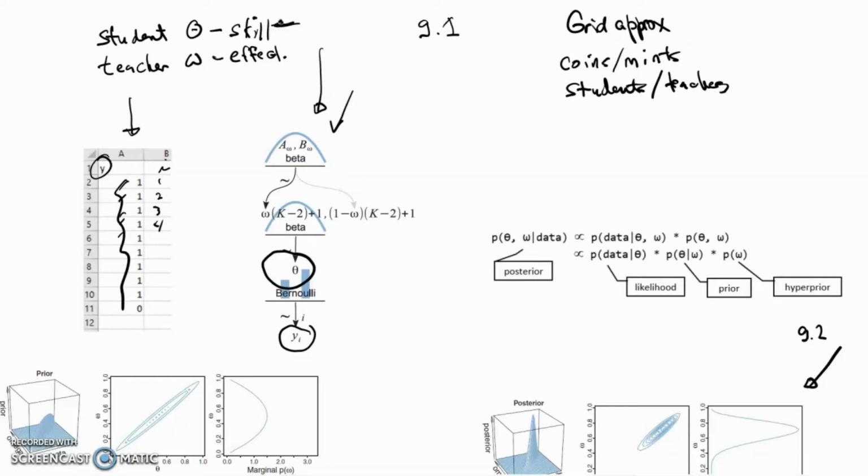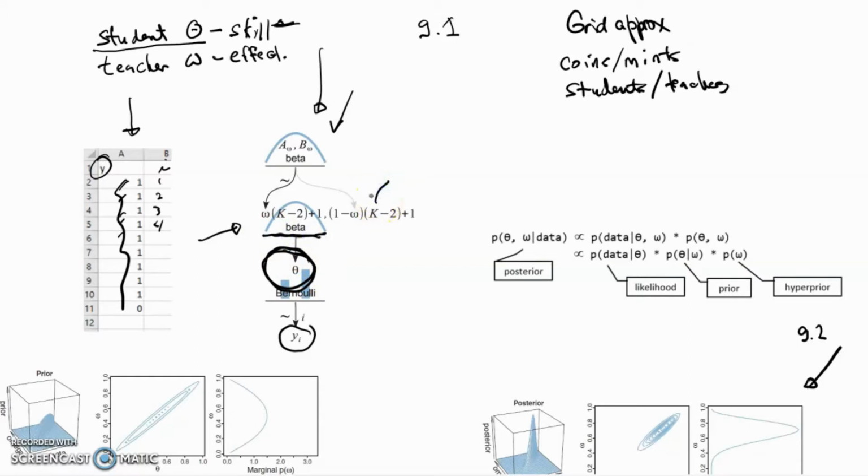But this is a hierarchical model, and the skill of the student is highly dependent upon the ability of the teacher. And the reason is that we're going to establish our prior. Our prior for theta is going to be a beta distribution with two parameters.